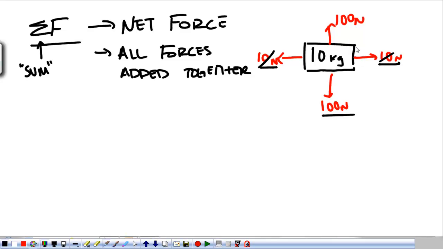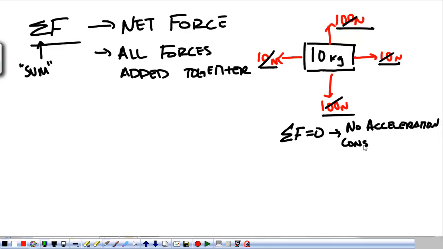And this force is pulling exactly as hard as this force, so they cancel out. After I add all of these forces together, the net force on this object is equal to 0. And what we said with the first law, if the net force equals 0, there is no acceleration, and we have constant velocity.